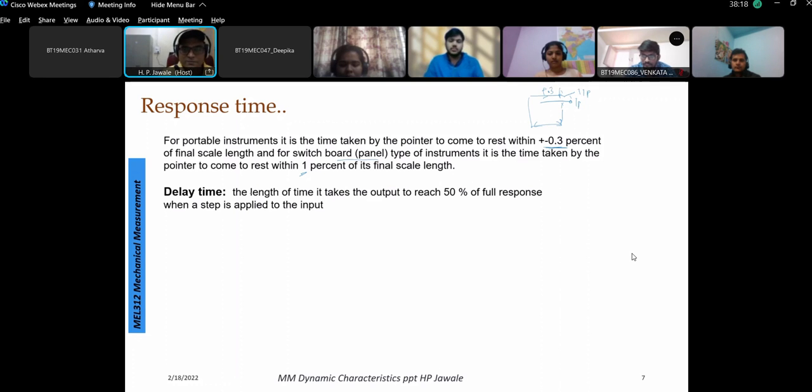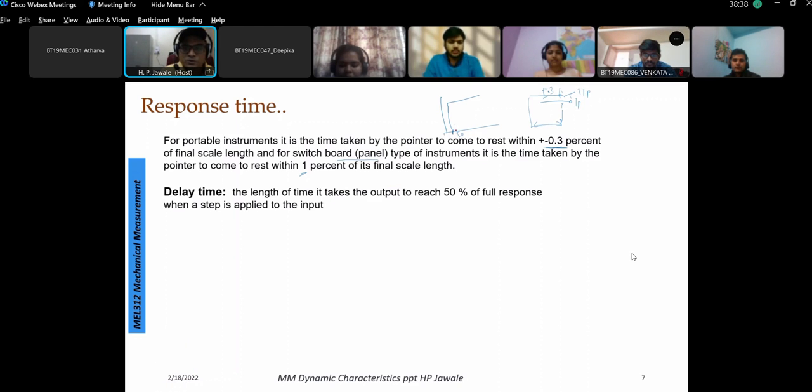Now the delay time. In the earlier diagram I have called this t0. The input is applied. Now it won't start instantly at t0 to show some output, but it will take some time, if you are able to visualize this.